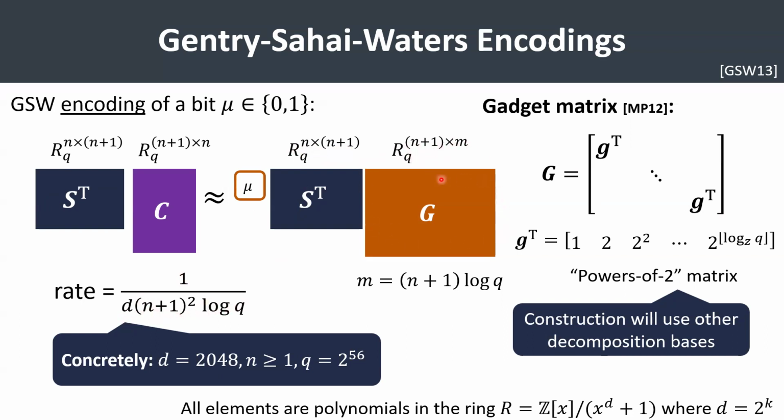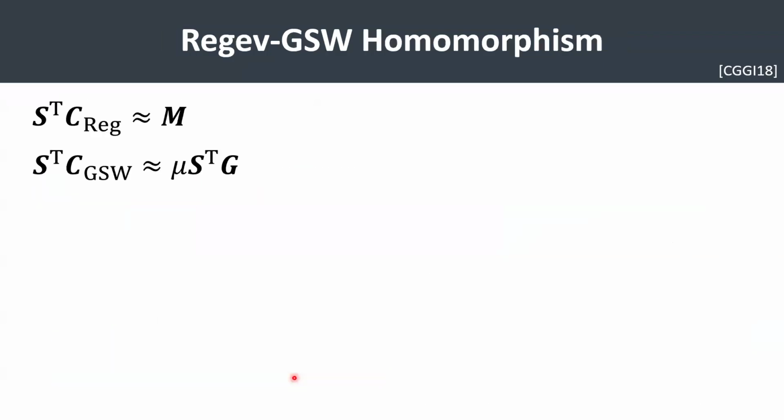That's the number of entries within this ciphertext matrix. So concretely, you plug in these parameters, you get something that's pretty abysmal. The ciphertexts are very big. And the reason for that is because you can view the ciphertext as a very redundant encoding of the message that turns out to have very nice properties.